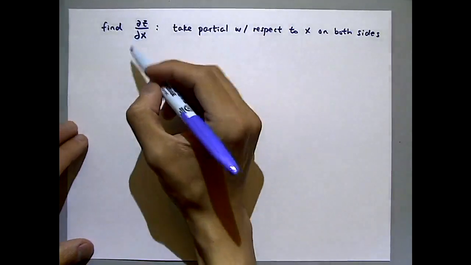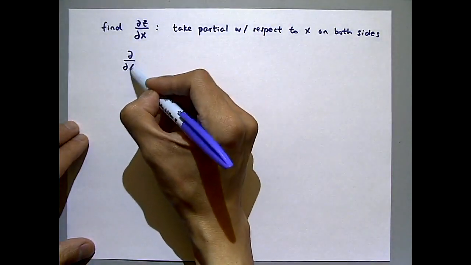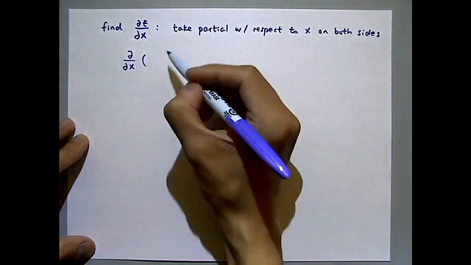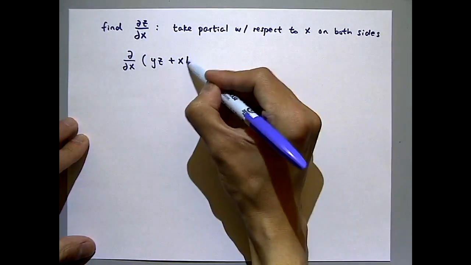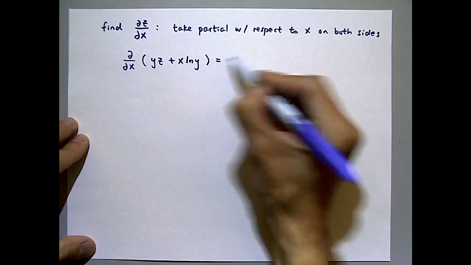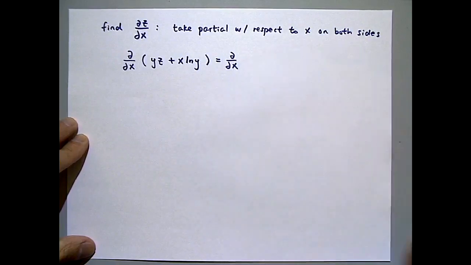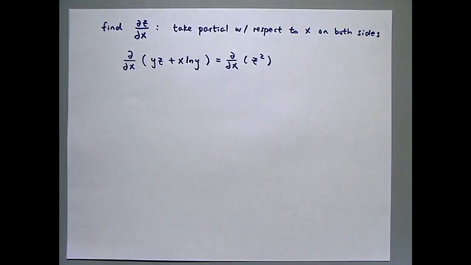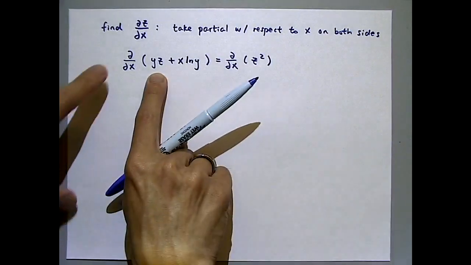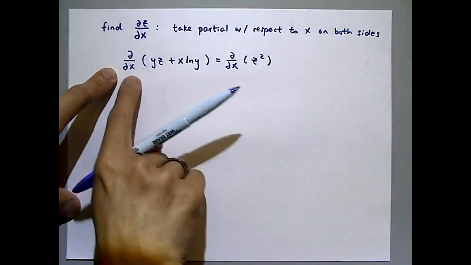So in our equation here, partial with respect to x, the left-hand side of the equation, and then partial with respect to x of the right-hand side of the equation. Okay, now we take the derivative as usual.